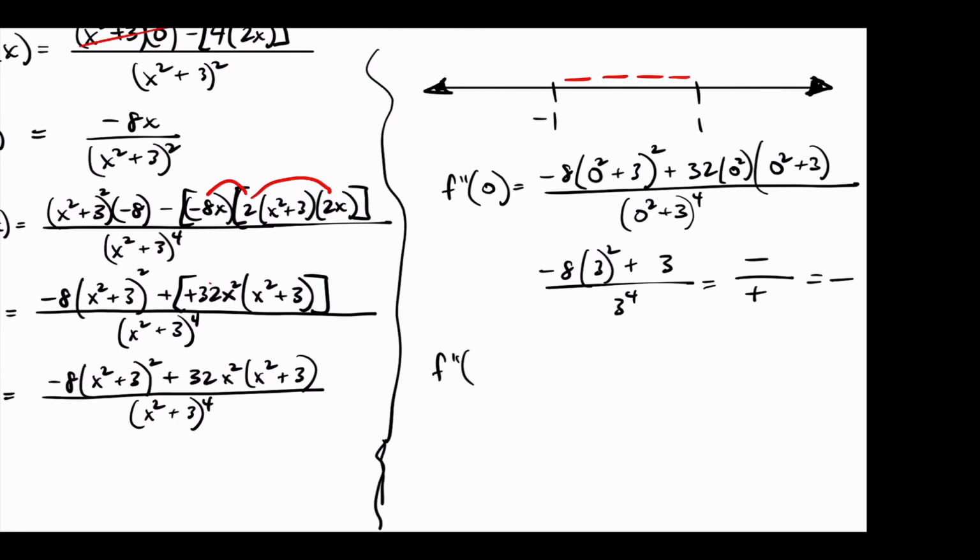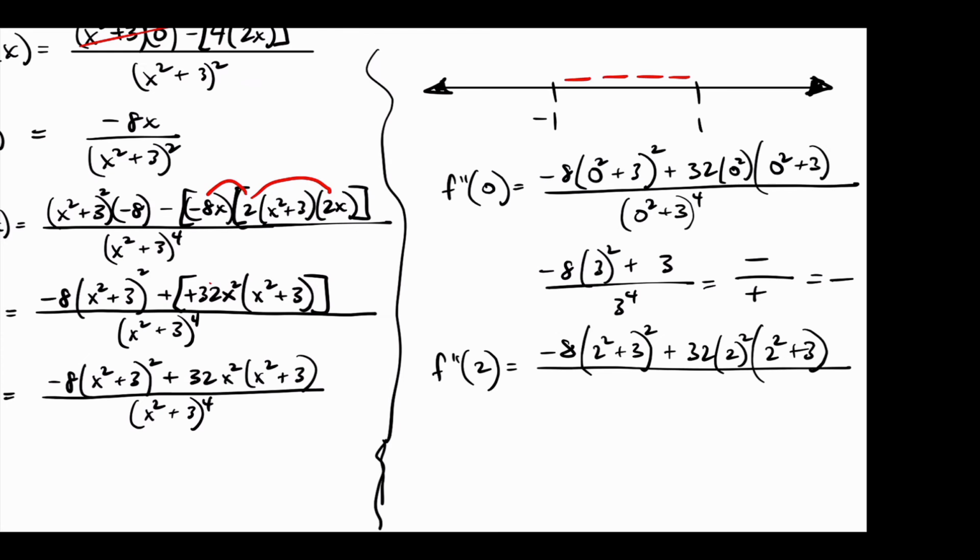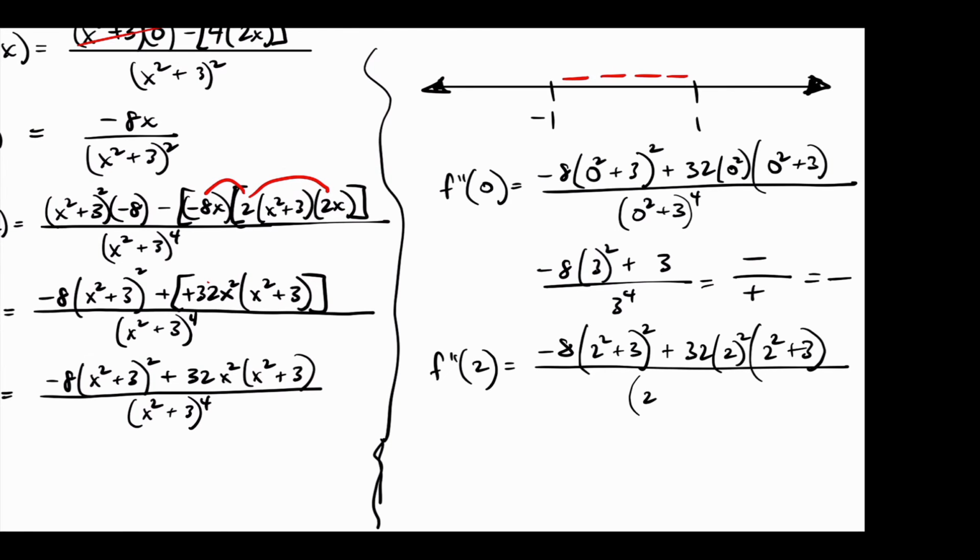Now I've got to plug in a number bigger than 1. 2. Same thing. Anywhere I see an x, I'm going to plug it in. Again, I don't care what number I get. I just want to know if it's going to be a positive or negative number.